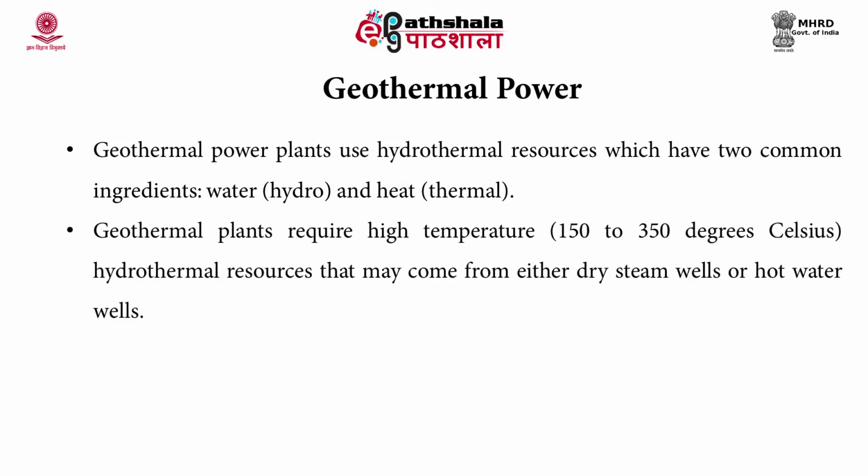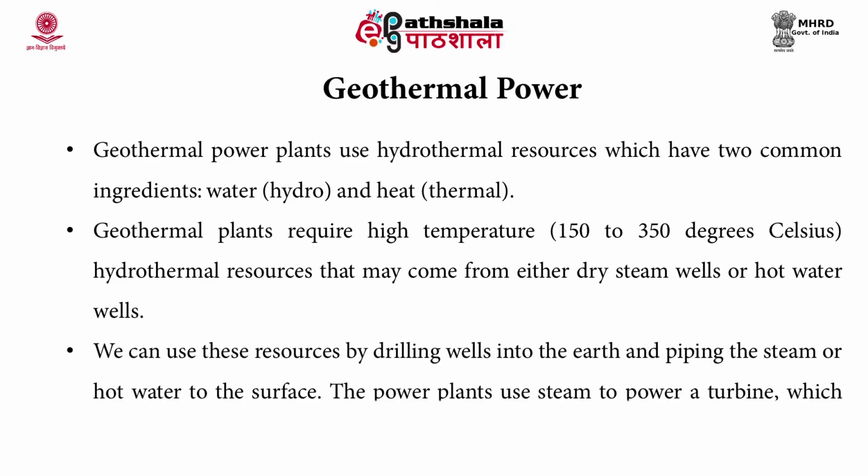Geothermal plants require high temperature hydrothermal resources, as we have already seen, that may come from either dry steam wells or hot water wells. We can use these resources by drilling wells into the earth and piping the steam or hot water to the surface. We will see this in detail in the later slides. The power plants use steam to power a turbine which creates electricity.